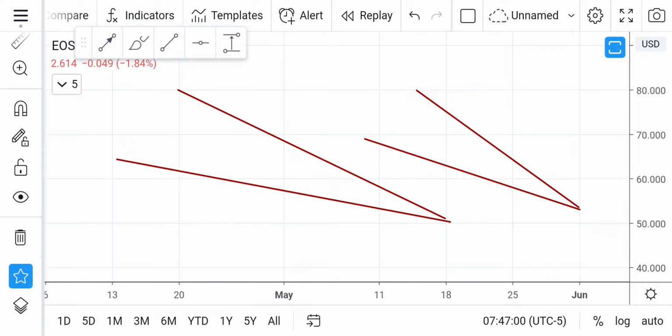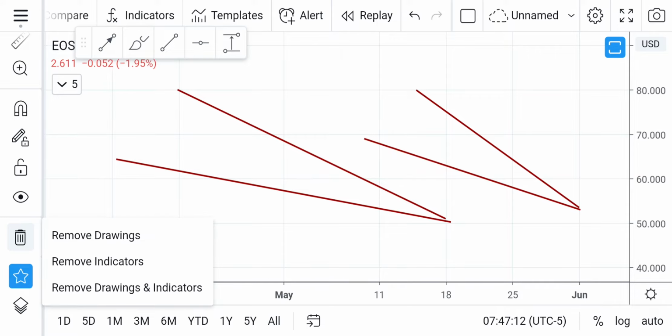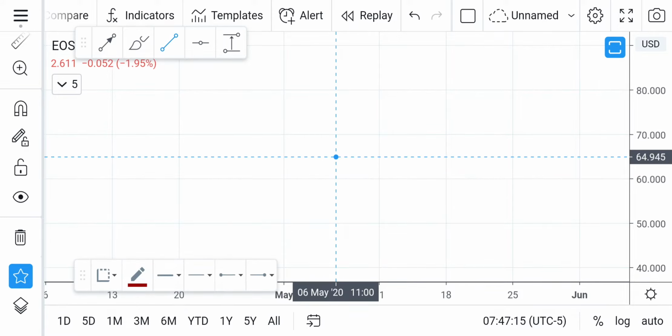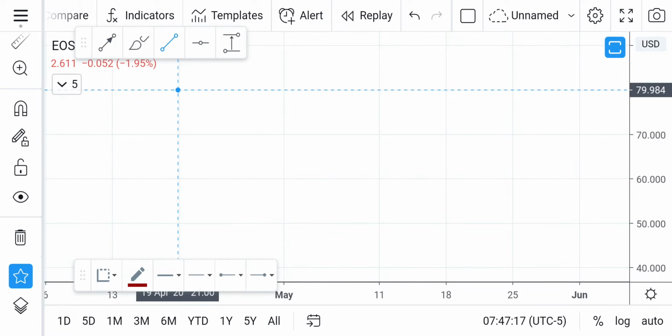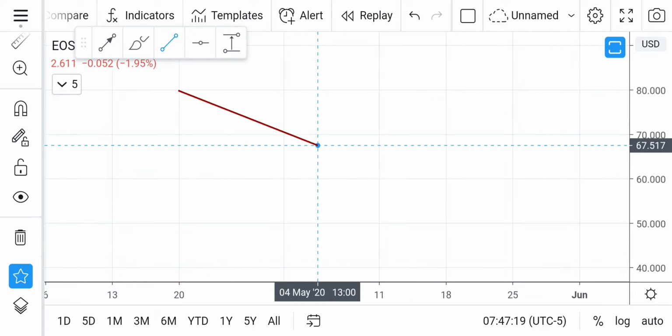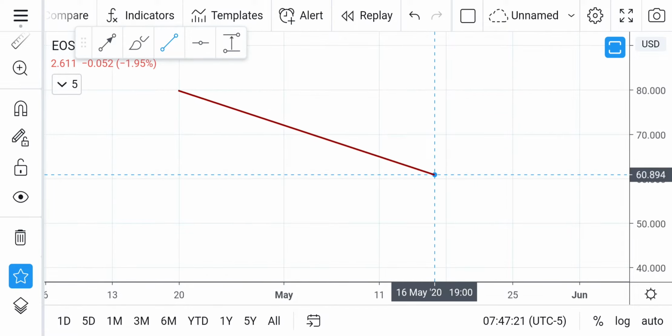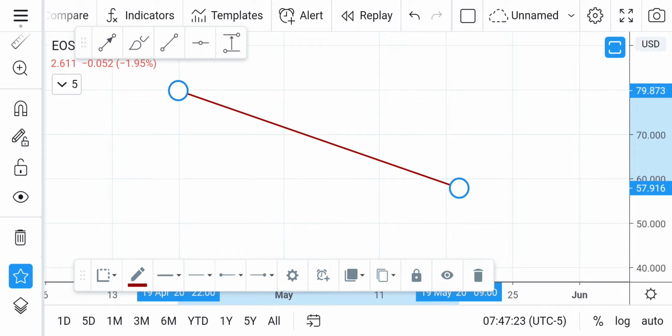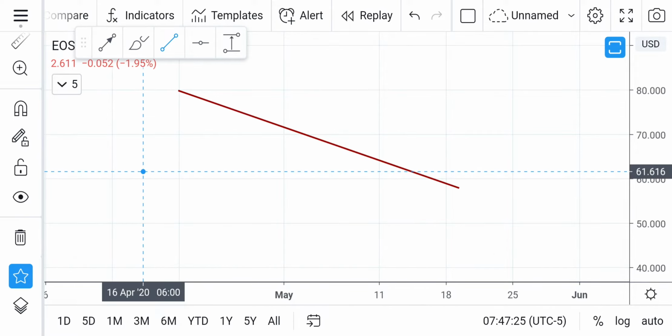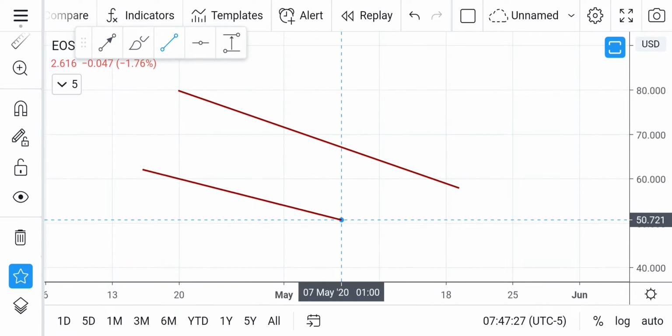It means that the price has up to 70 to 80% chance of breaking upward. So let's take some examples. Let me draw it again. You have a falling trend line like this, and you have another falling trend line as well.